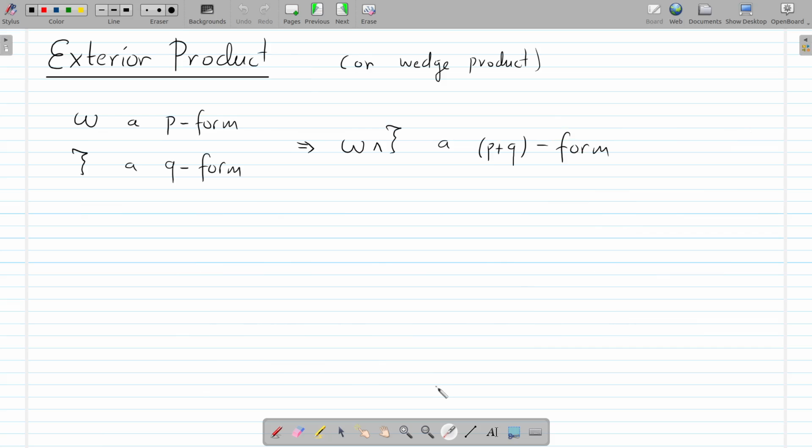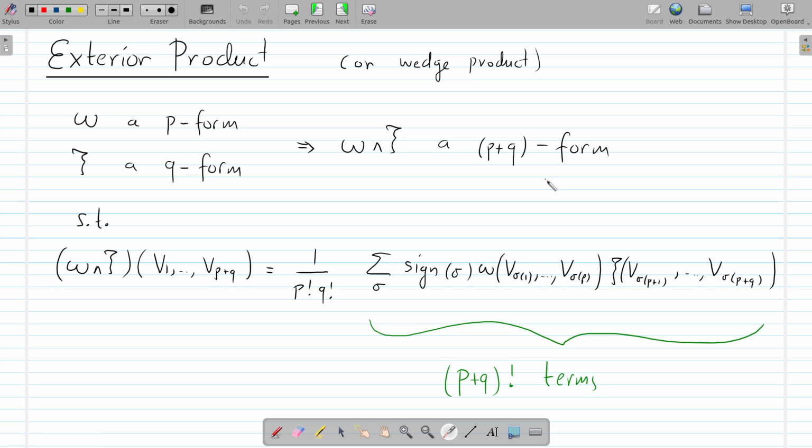So let's now generalize the definition of the wedge product for any 2 differential forms. Let omega be a p-form and xi be a q-form, then we define omega wedge xi to be a (p plus q)-differential form. And we define this form by its action on p plus q vectors, v1 through v_(p plus q).